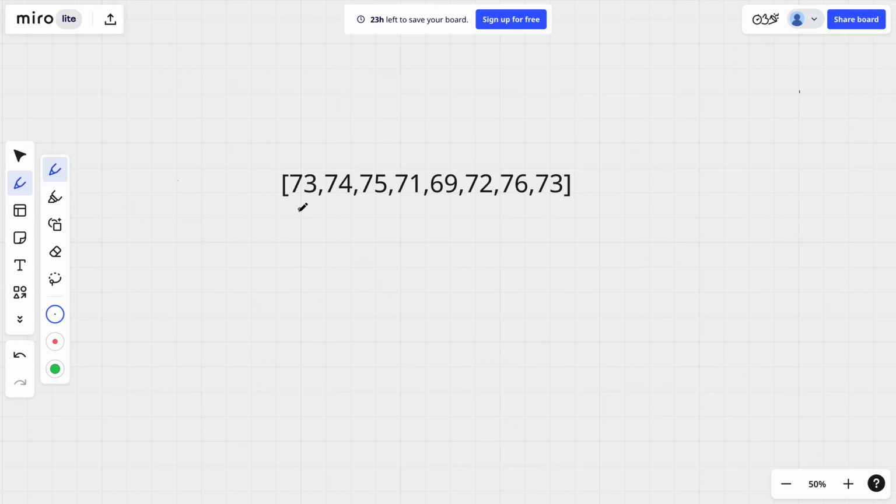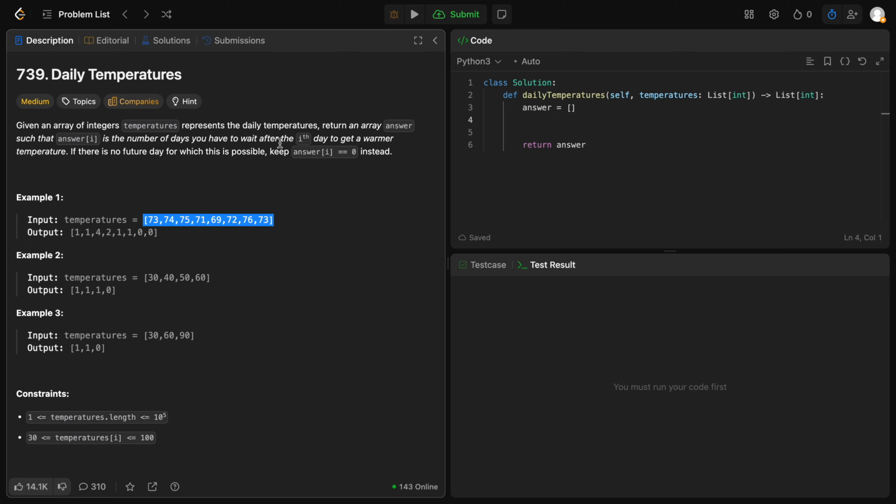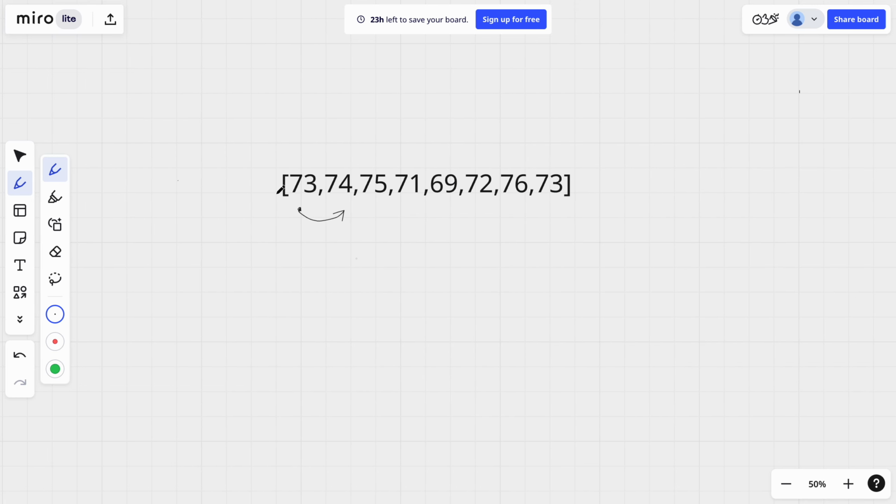And how long does it take to get a higher temperature? Well, this is a higher temperature, right? To get a warmer temperature, yeah. And then we have a corresponding array down here. And that would be 1. And what about this one? That's 1 as well.